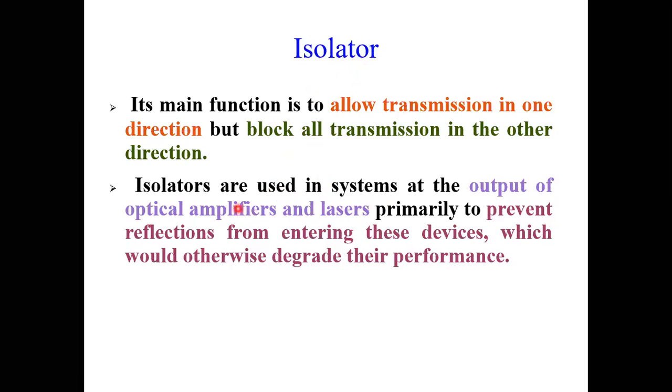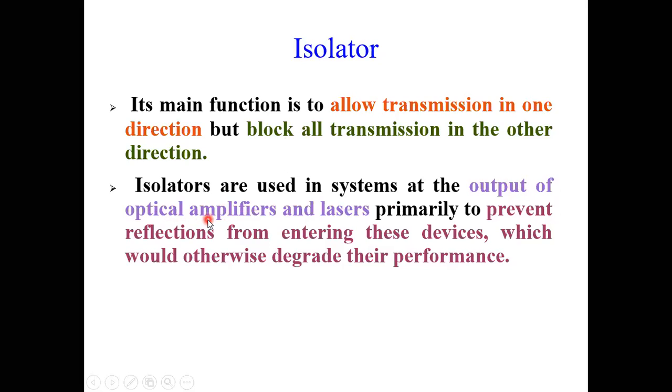Now where do I use isolators? This is important. Isolators are used in the system at the output of optical amplifiers and at the laser. So in my fiber optics system, where do I place the isolator? If you go later into the field of telecommunication, and you are in the designing team or in the field and you need to locate an isolator, it goes at the output of the optical amplifier.